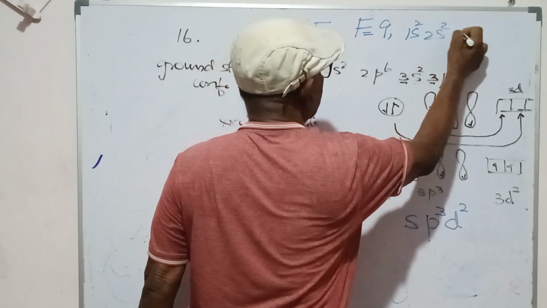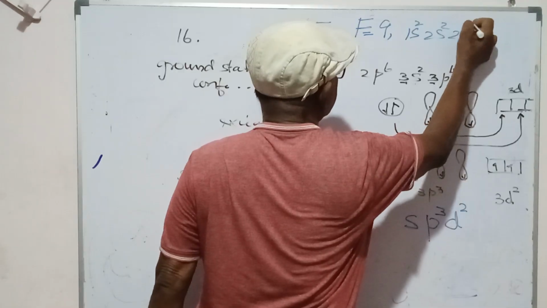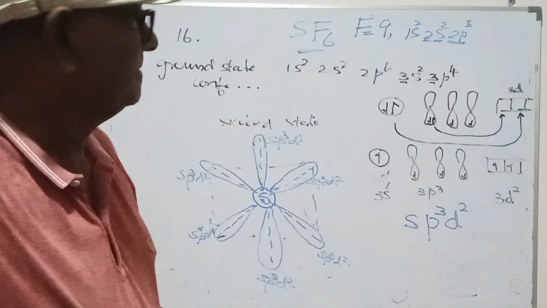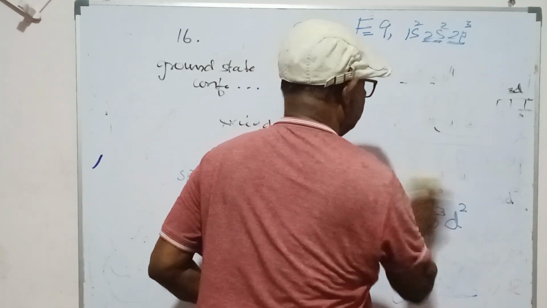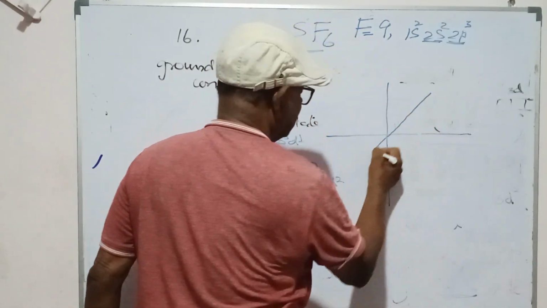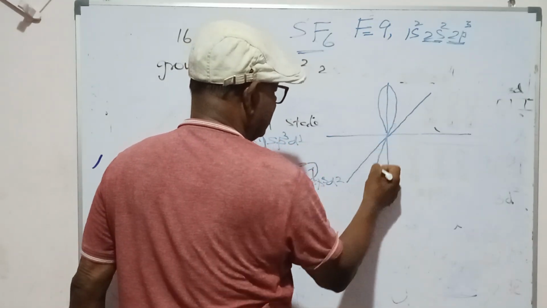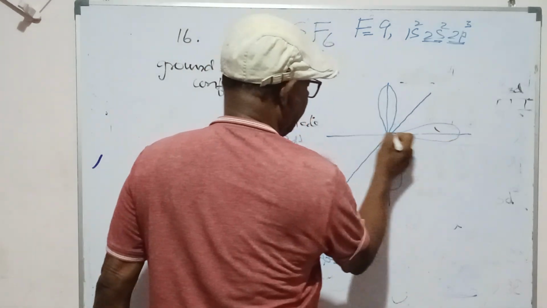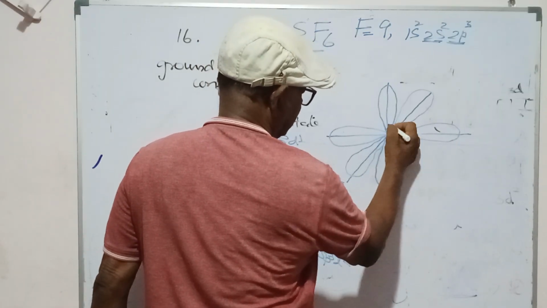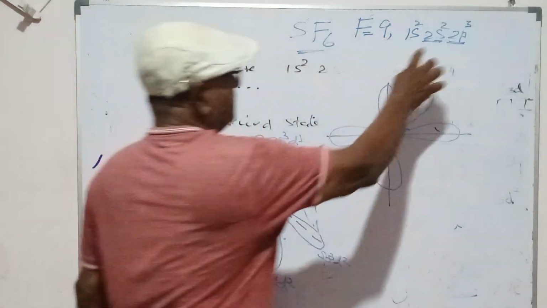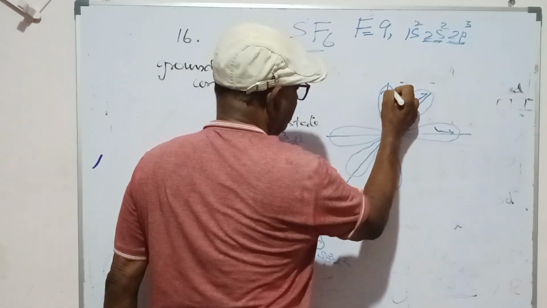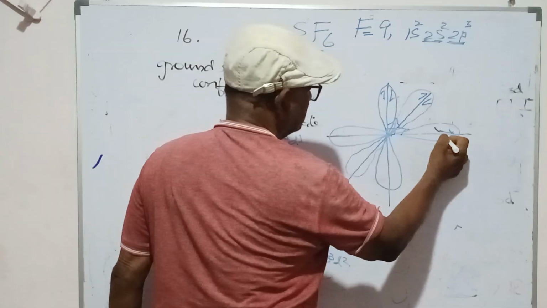1s2, 2s2, 2p5. The second energy level has the 3D arrangement of the dumbbell shaped orbitals Px, Py, Pz. 5 electrons are filled. 1, 2, 3, 4, 5.